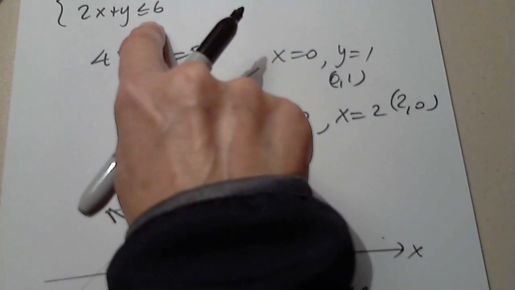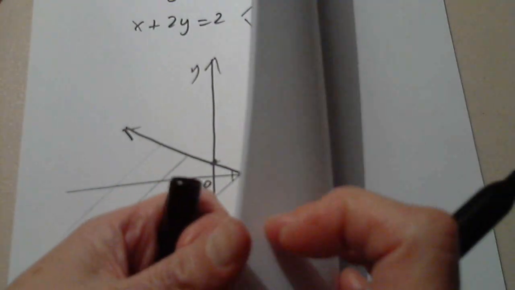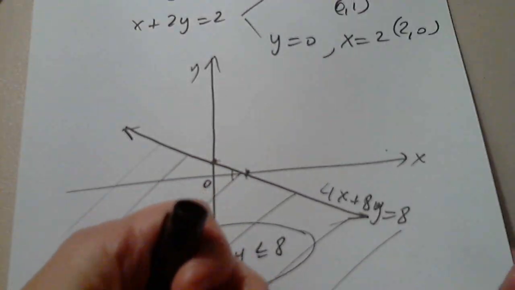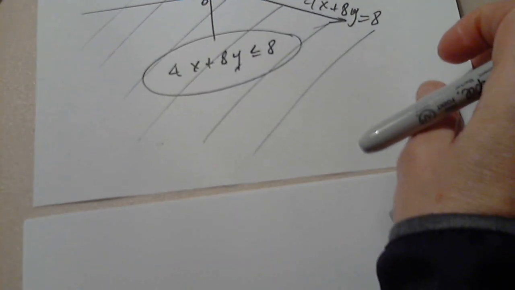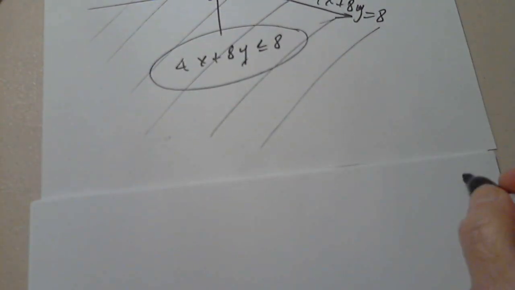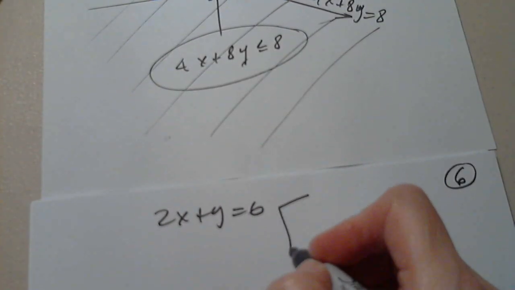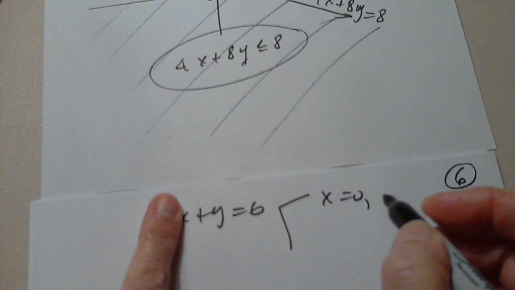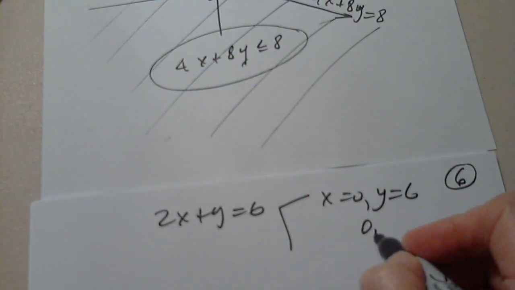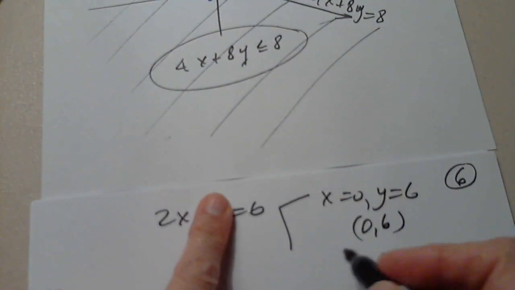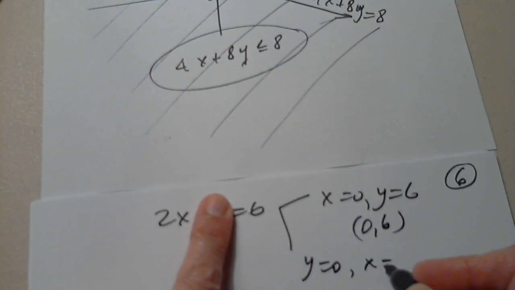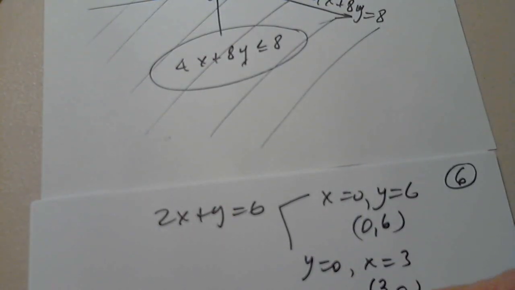The next one, I repeat the process. 2x plus y equals 6. When x is 0, y is 6. When y is 0, x is 3.